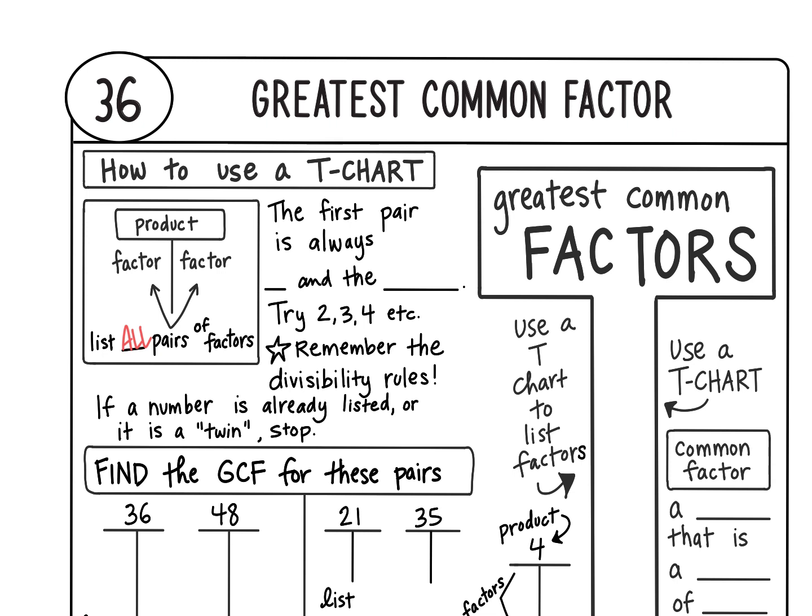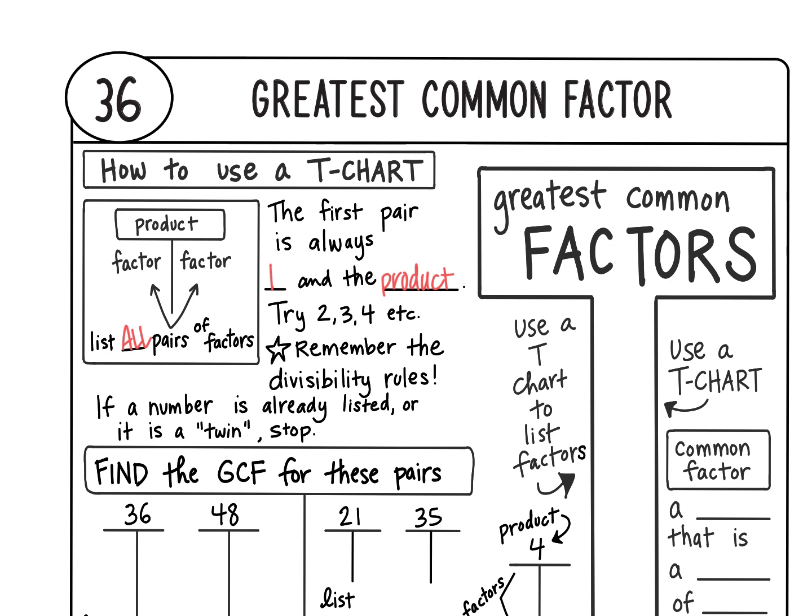The first pair is always going to be 1 and the product, because 1 times a number is always going to be that number. So whatever your product is, we'll always start with 1 and the product. Then we'll try 2, see if you can multiply 2 times something to equal that product, and then 3, and then 4, and we'll keep going and going until we can't anymore.